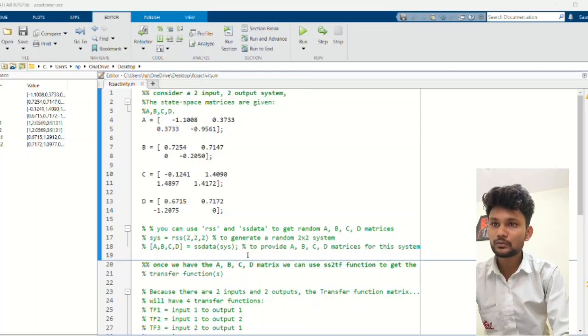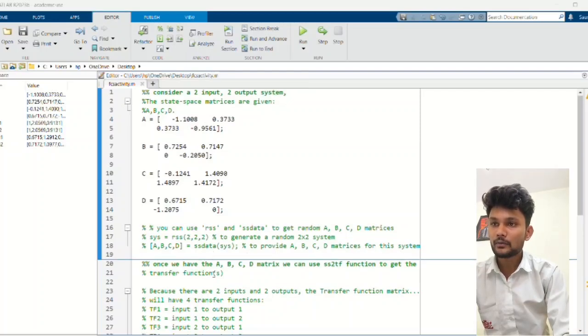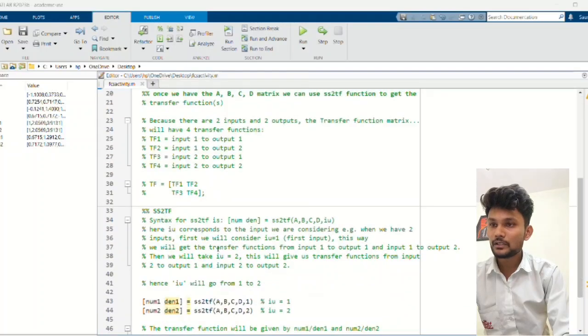Because there are two inputs and two outputs, the transfer function matrix will have four transfer functions: TF1 input 1 to output 1, TF2 input 1 to output 2, TF3 input 2 to output 1, TF4 input 2 to output 2. TF equals TF1, TF2, TF3 and TF4.